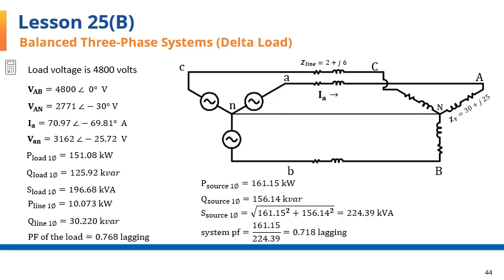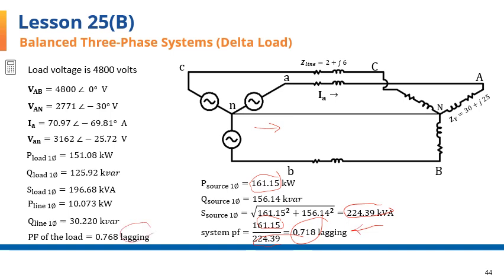And the power factor for the system, looking from the generator into the system, is calculated as the source active power over the apparent power, and that comes to 0.718 lagging. Note that the system power factor that was just found is lower than the load power factor.